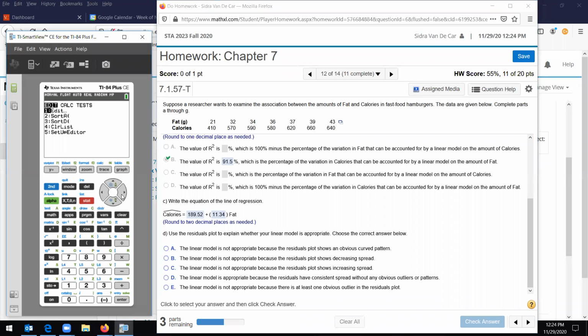So I think in the calculator, I think for L3 I can do L1 minus, no wait. I don't know if I can do a residual plot in here easily. Not without calculating all of them. Shoot.